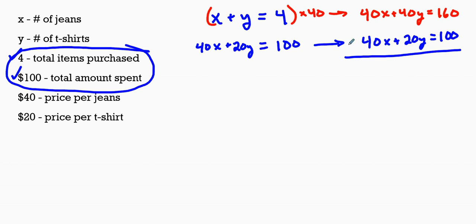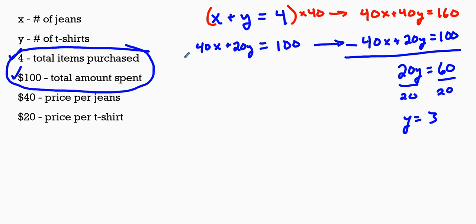I'm going to eliminate them using subtraction. So 40x minus 40x, that's 0. I'm not even going to put anything over there. 40y minus 20y is 20y. And 160 minus 100 is 60. I'm liking what I'm seeing because if I divide both sides by 20, y is equal to 3.